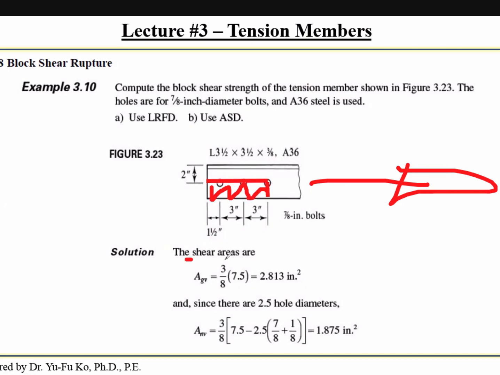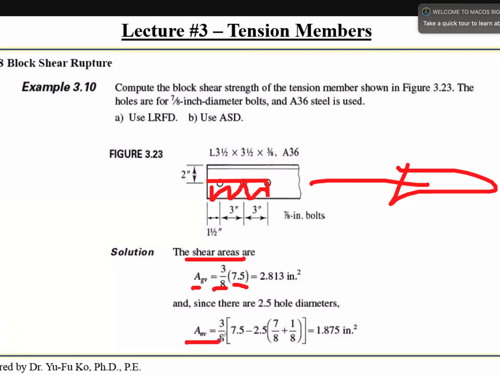So the gross shear area will be the distance from the center of this bolt to the edge of the member, which is 3 plus 3 plus 1.5, so that's 7.5, and the thickness of this angle is 3/8. So your gross shear area is 2.813 square inches.